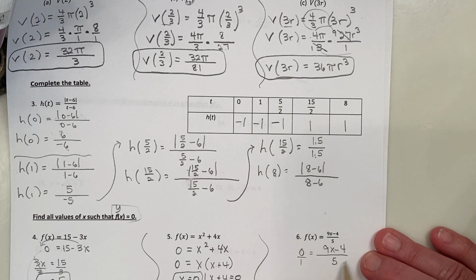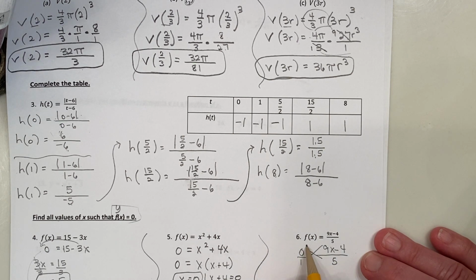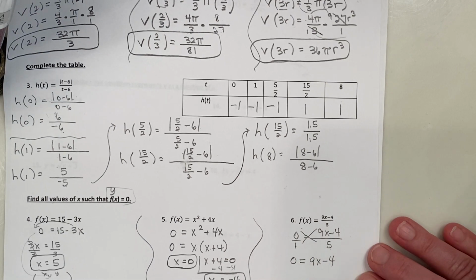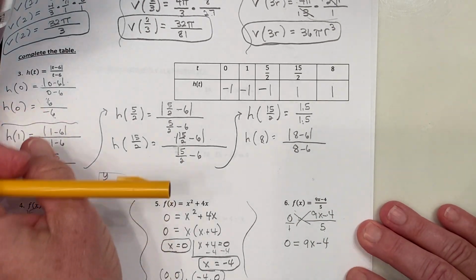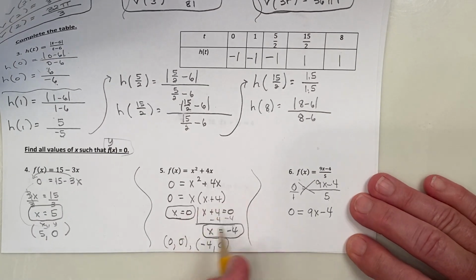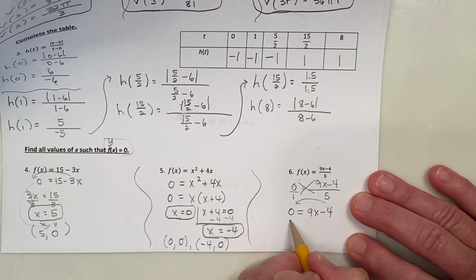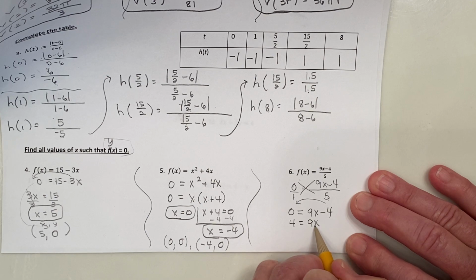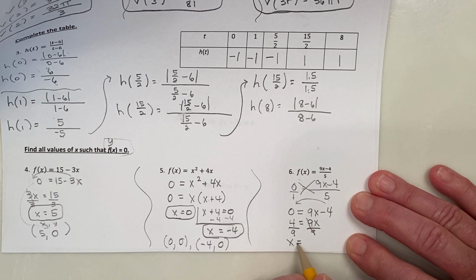That way, when I have a single fraction here and just 0 over 1 here, I can cross multiply. So 0 times 5 is still 0 equals, and then 1 times the numerator. This should be an easy solve. All we have to do is add 4 to the other side of the equation and then divide by 9. So I'm going to add the 4 to the other side, divide by 9, so x is 4/9.